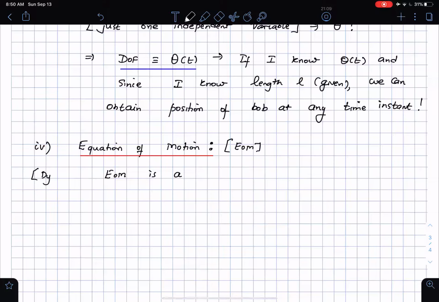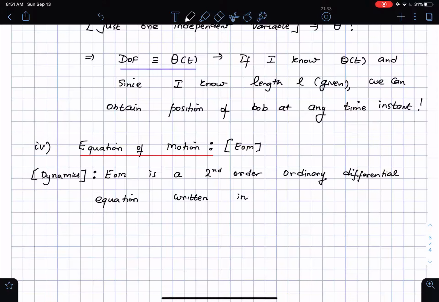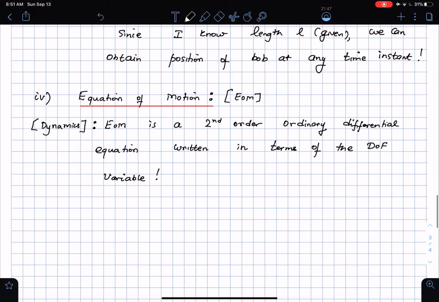In dynamics, equation of motion is a second order ordinary differential equation written in terms of the degree of freedom variable. Okay, so this is the definition of equation of motion.